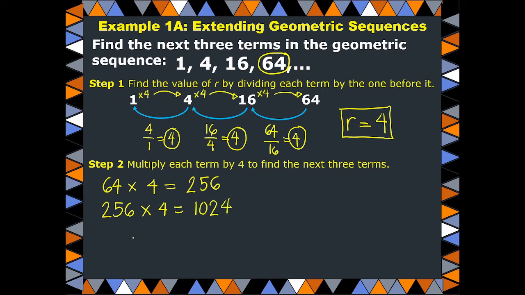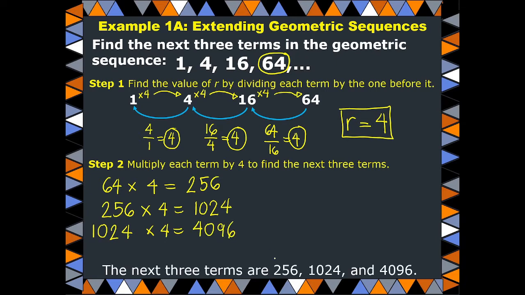The same thing, if I'm going to multiply 1024 by 4, I will be getting 4096. So therefore, the next three terms are 256, 1024, and 4096.